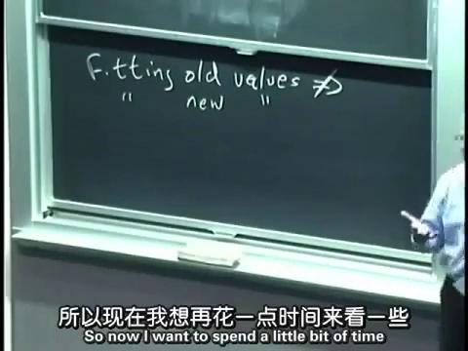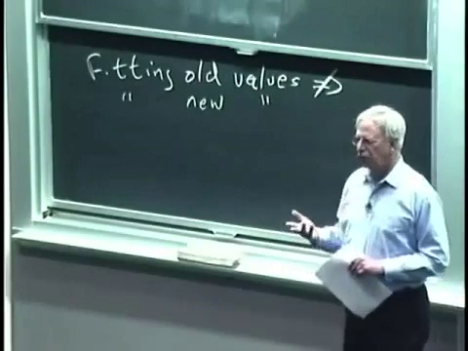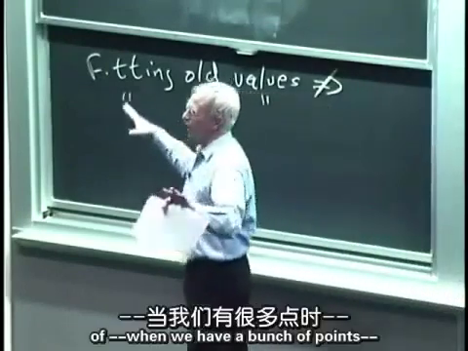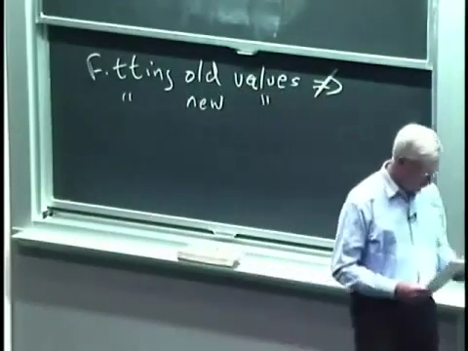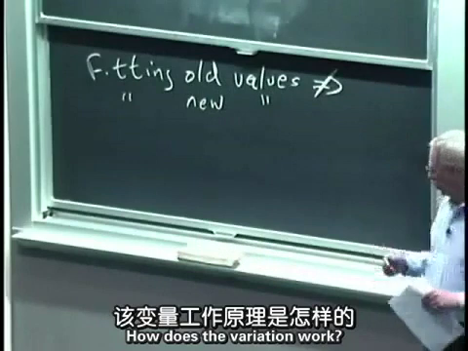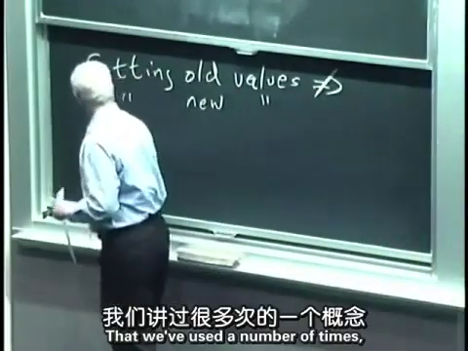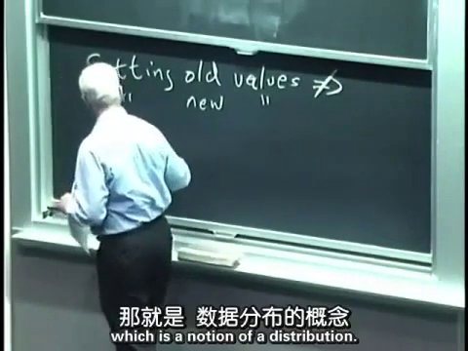So now I want to spend a little bit of time on looking at some tools that we can use to better understand, when we have a bunch of points, what do they look like? How does the variation work? This gets back to a concept that we've used a number of times, which is the notion of a distribution.